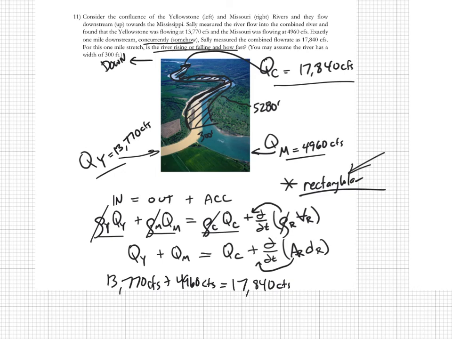It looks like it's probably going to be rising, because a little bit more is coming in than is leaving. Plus area, which is going to be 300 feet times 5,280 feet, times dR/dt. Oh, that's a capital R. dt. And we just solved this.